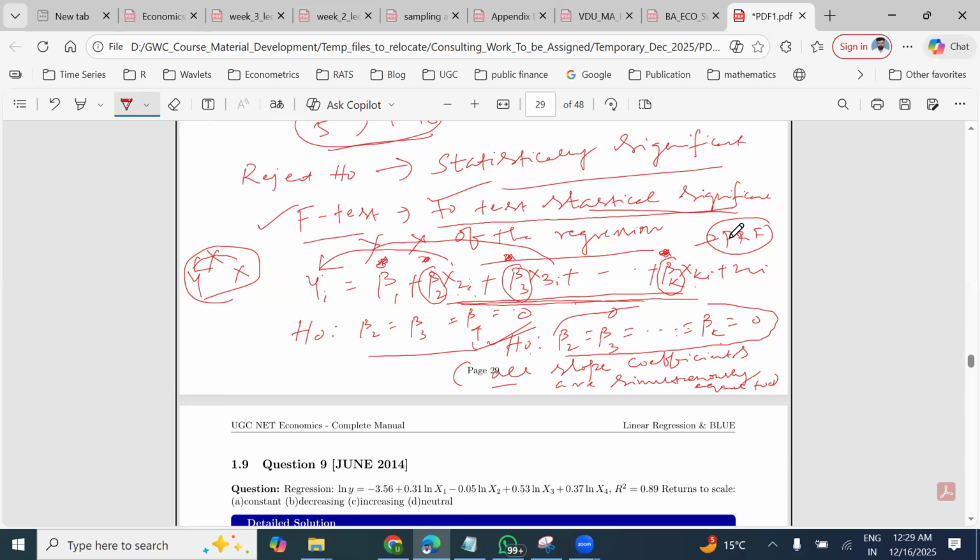I told that in a different context, because when I told you the calculation of t, I told you beta 2 hat upon standard error of beta 2 hat. Why? Because true beta 2 is unknown. Are you getting my point? Is your doubt clear or not?